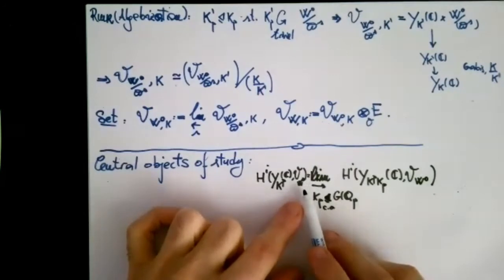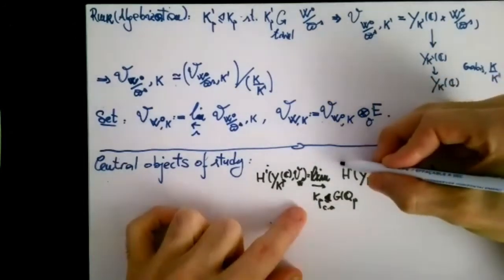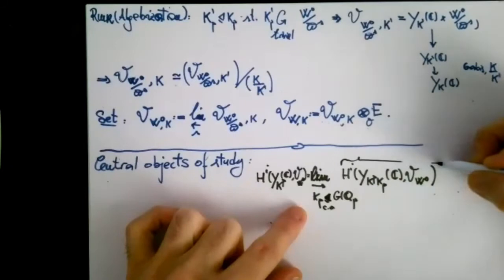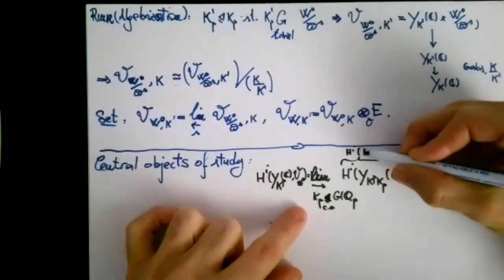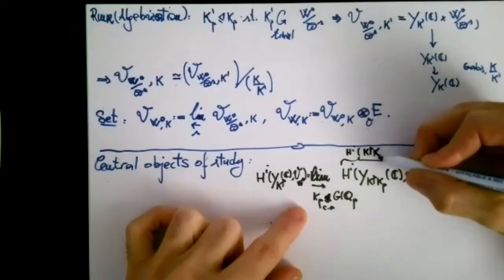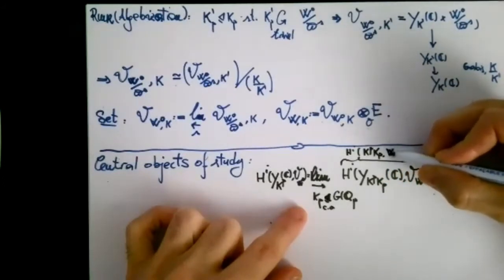So I consider this limit. This object, for the remainder of this course, for simplicity, will be written as H^i of K upper P, K lower P, W naught.